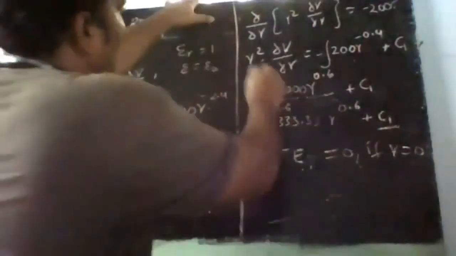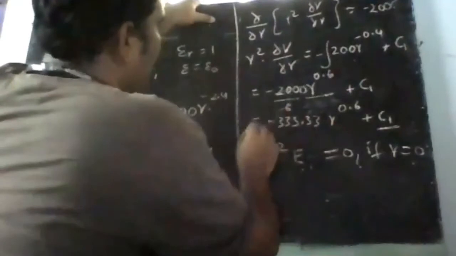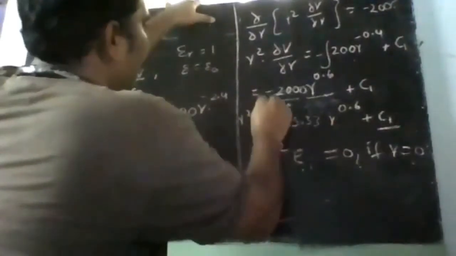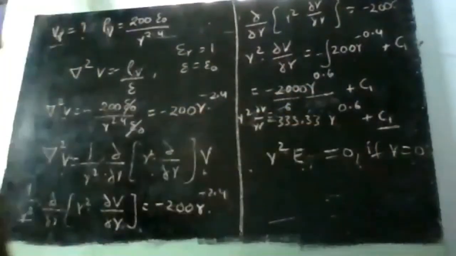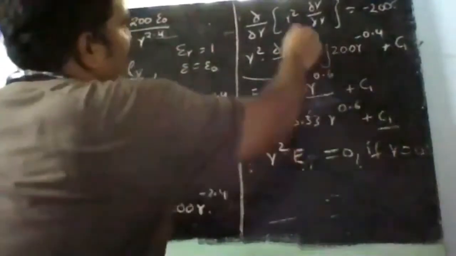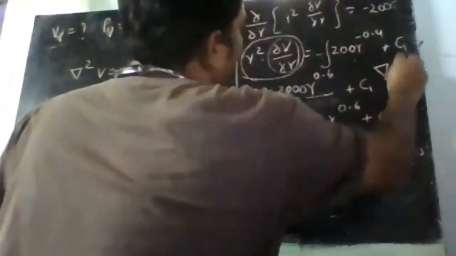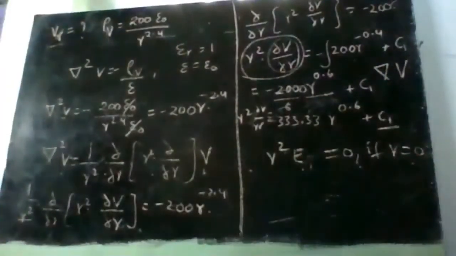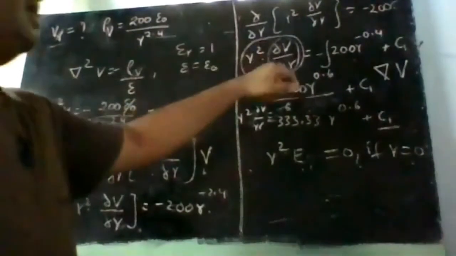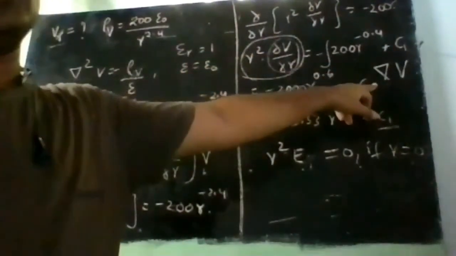So using this condition, right? See here, this is what we got. The expression that we got is R square dV by dr is equal to minus 333.33 into R power 0.6 plus C1. Okay, so R square dV by dr is nothing but dou V, by considering only V as a function of R. If we consider only V as a function of R, then dou by dou R is nothing but the del operator.